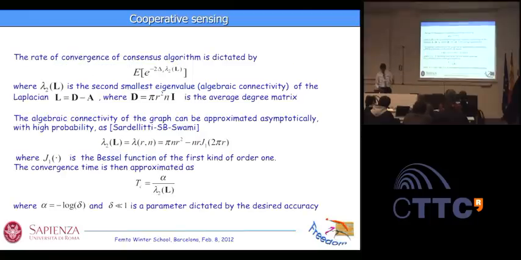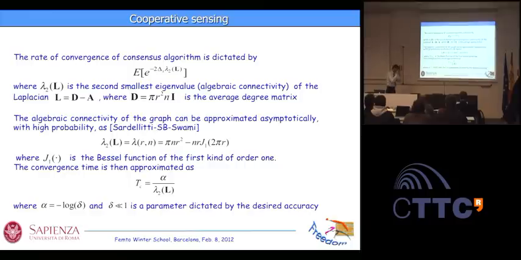Now, once you have these two matrices together, it is possible to show that the convergence time, which is what is interesting for us, depends primarily on one single parameter. This single parameter is the second smallest eigenvalue of the Laplacian.